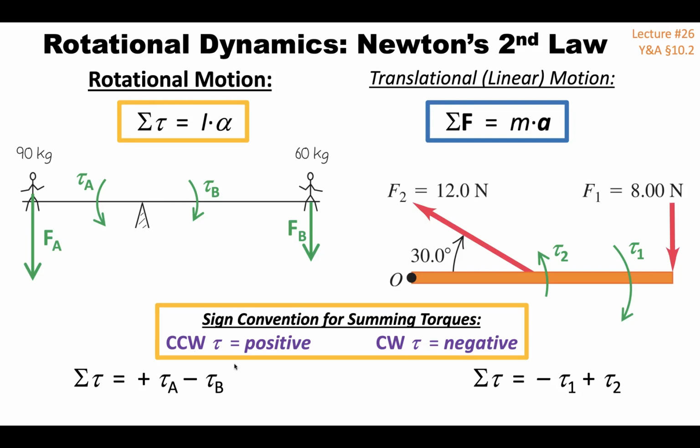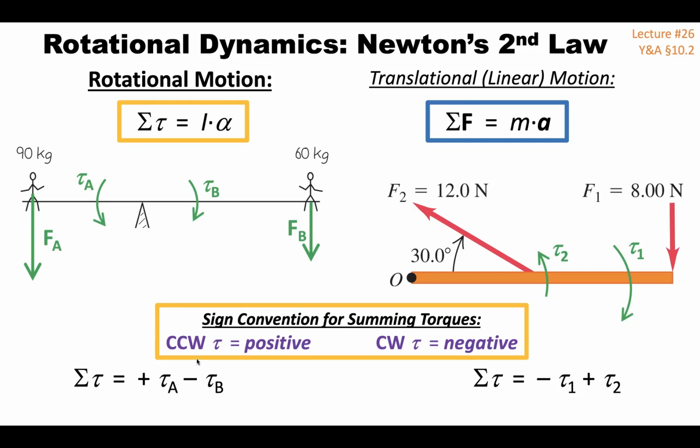This follows the convention from trigonometry. Think about the unit circle: positive theta increases in the counterclockwise direction. So in this teeter-totter problem, we would make torque A a positive torque, and torque B a negative torque. And that's how we would sum them up.